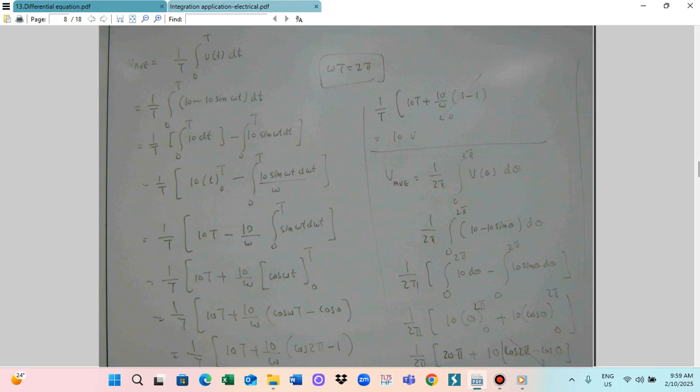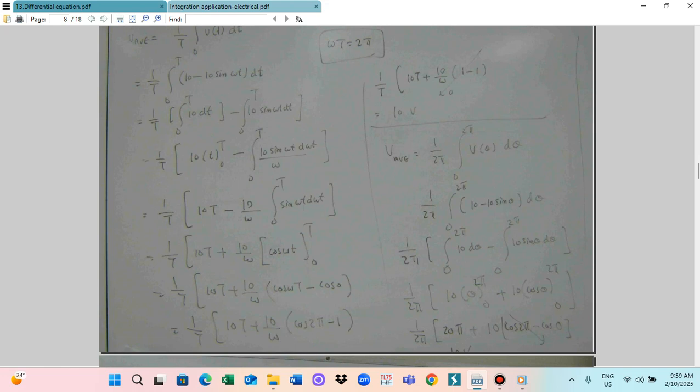And then you have to now substitute the 1 by T. So this is 10T minus 10 by omega, integration 0 to T, sine omega t d omega t. So when you integrate the sine, you get the minus cos.